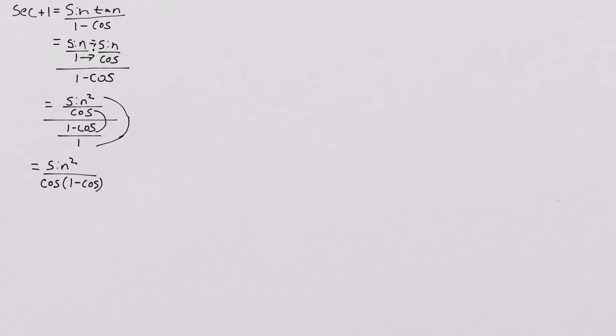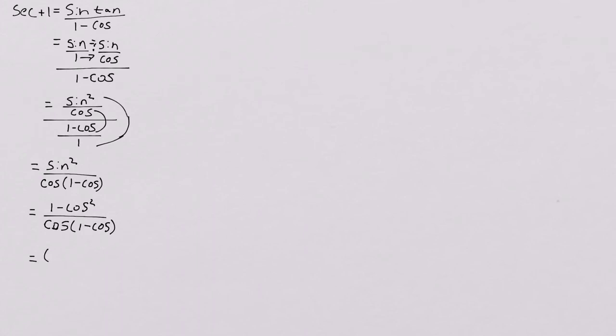Well, this 1 minus cosine is just kind of bothering me, so I'm going to get rid of it. I know sine squared is nothing more than 1 minus cosine squared, because that's a Pythagorean identity. Of course, my bottom still stays the same at cosine times 1 minus cosine. From here, 1 minus cosine squared, conveniently, is the difference of two squares.